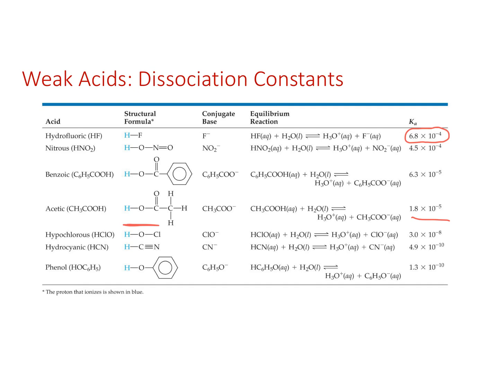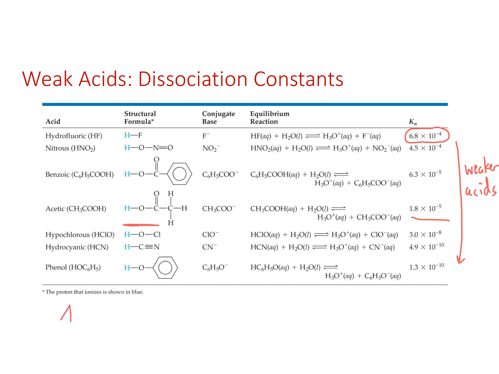So of the acids listed, that would be the strongest acid in this series because it has the largest value of Ka. Another important relationship to remember is that as the Ka decreases, the acids are getting weaker and weaker and weaker. That means the equilibrium is shifting farther and farther to the left, and they're doing that because the strength of the conjugate base is increasing.